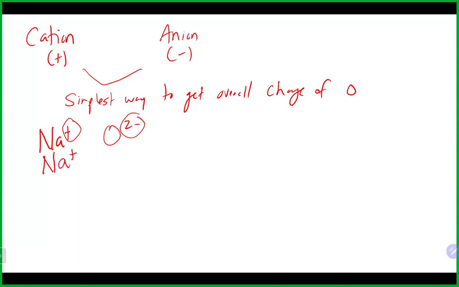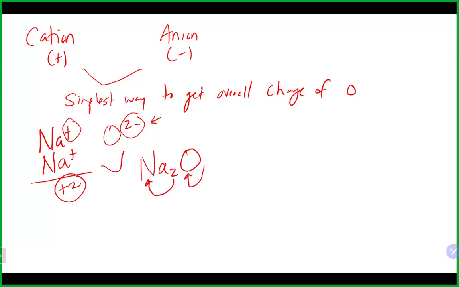And those 2 sodium ions will give me a grand total of +2 that will balance out the -2 that comes from the 1 oxygen. And that is why when we write the proper formula for this, it is Na2O. Remember that the subscript goes to the guy to the left, right? So the 2 there means that we have 2 sodiums and 1 oxygen.